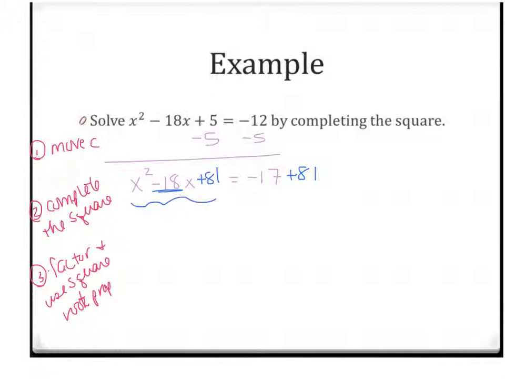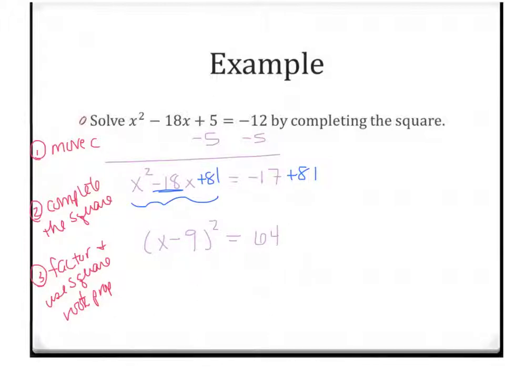So if the left-hand side is now a perfect square trinomial, it has to factor into something squared. It's going to be x minus 9, because negative 9 times negative 9 is 81, and then you get your negative 18. Alright, so on the other side, we're just going to clean that up. And we get 64.